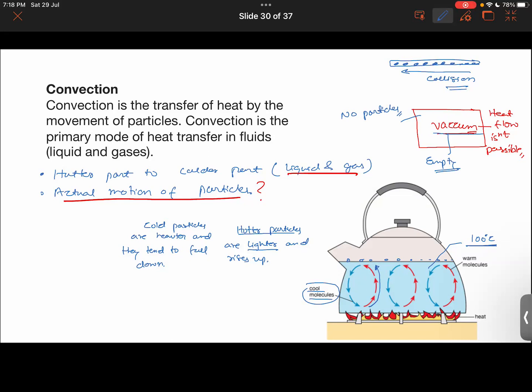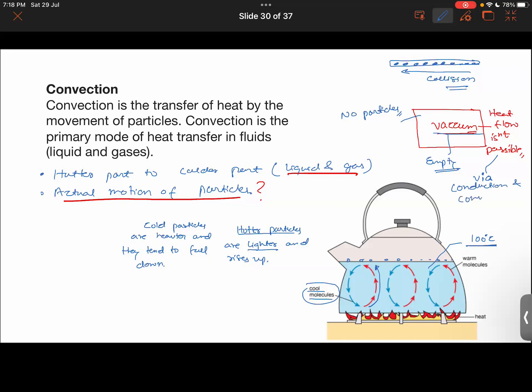We know that for transfer of heat, whether by conduction or by convection, and later when we talk about radiation, heat flow is not possible in vacuum via conduction and convection. Take this statement carefully.